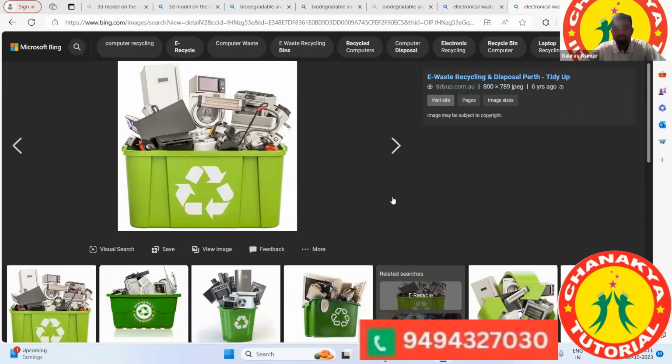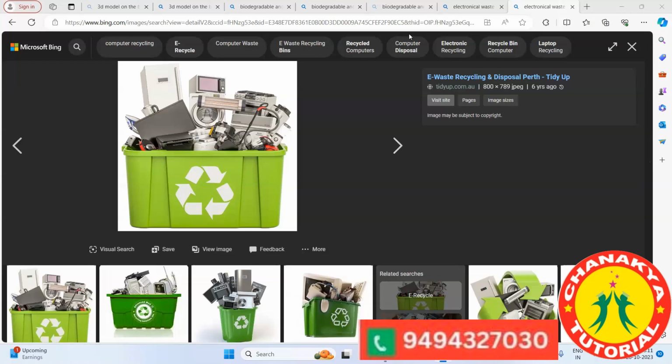You can show that the correct way to put this e-waste is to use a different bin. You will get it on Google, I should be knowing this, which bin it should be. Okay, sir. Wait a second.